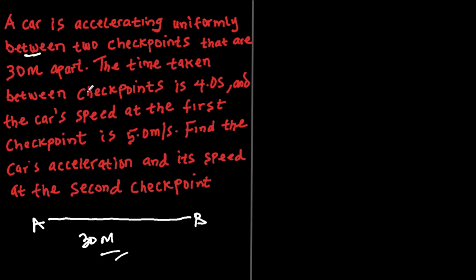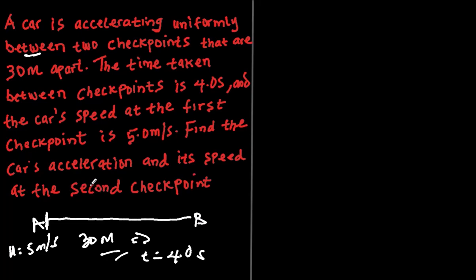The time taken to go from A to B is 4.0 seconds, and the car's speed at the first checkpoint is 5 meters per second. So we are given the velocity at this point as 5 meters per second.